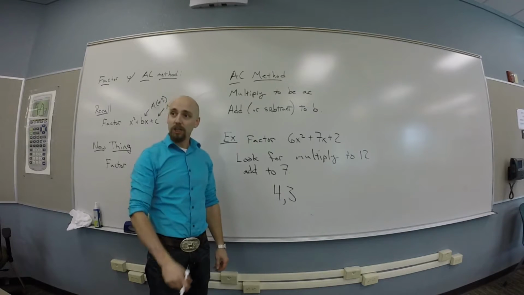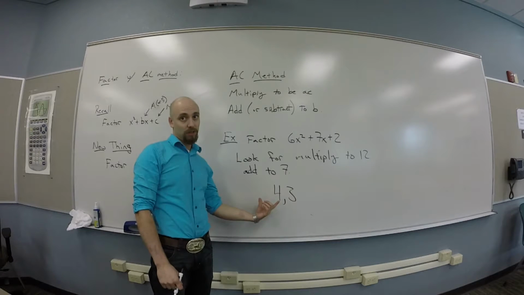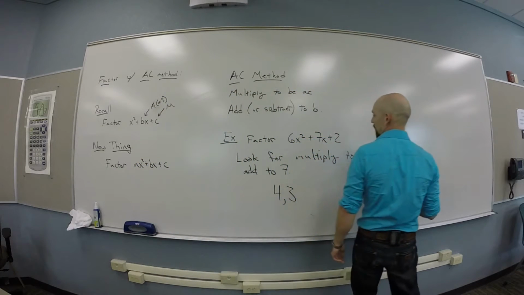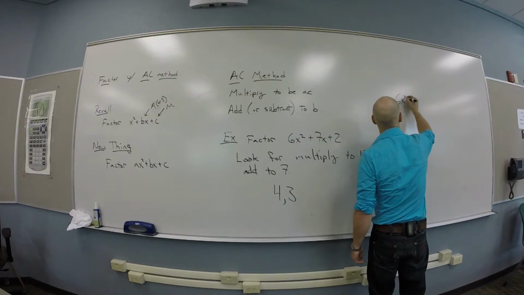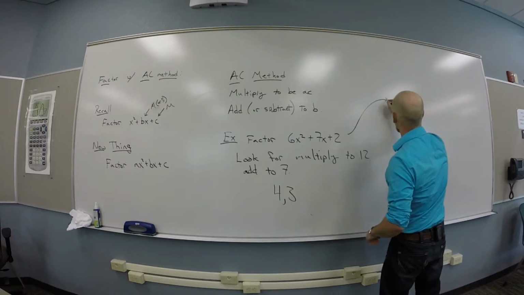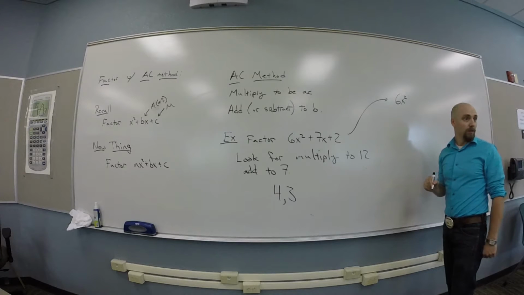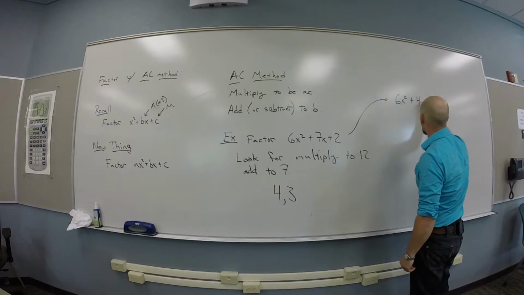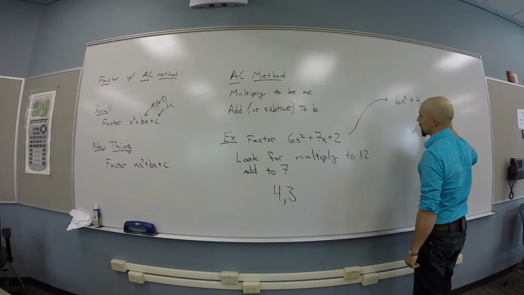So the trick to actually doing the silly thing, once I've found these, is I say, okay, I can write 7 as 4 plus 3. So I've got 6x squared, which is what I started with, and I'm going to write 7 as 4 and 3.